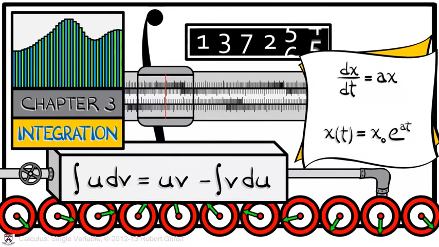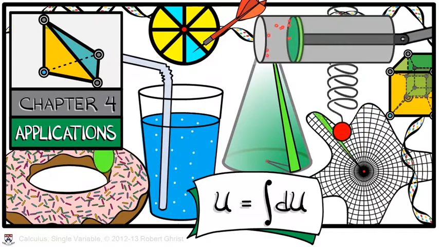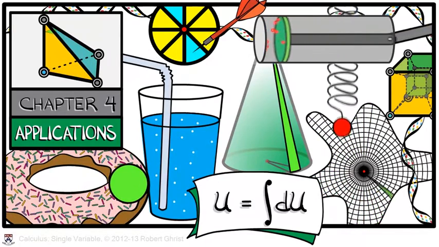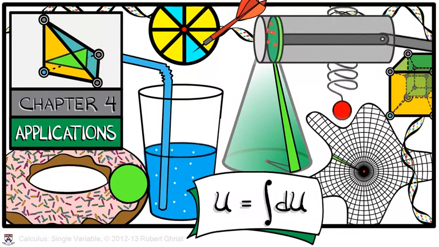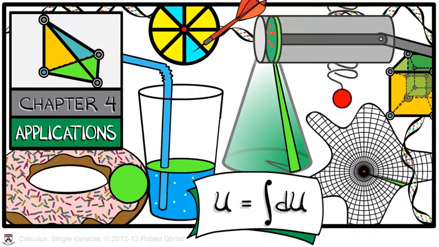Motivated by applied problems in differential equations, we will build up integrals, both indefinite and then definite. In Chapter 4, we'll take what we've learned about derivatives and integrals and put them to use, considering applications in the physical, social, engineering, and biological sciences.